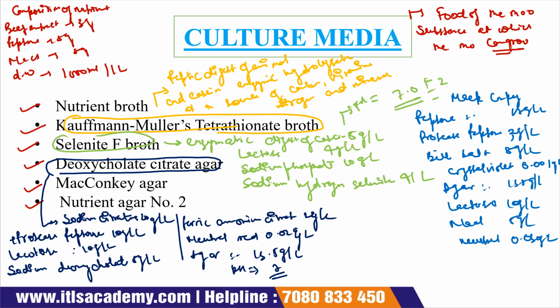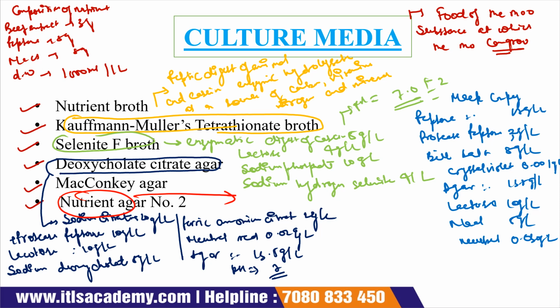And the last culture media is what? It is a nutrient agar media, and the composition of this nutrient agar media is the same as we discussed in an earlier lecture. So this is about the culture media.